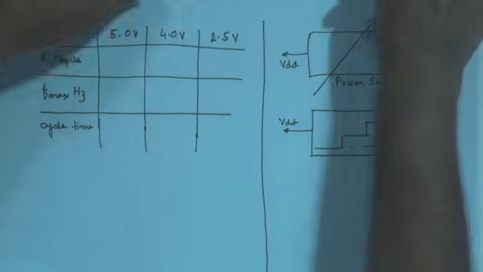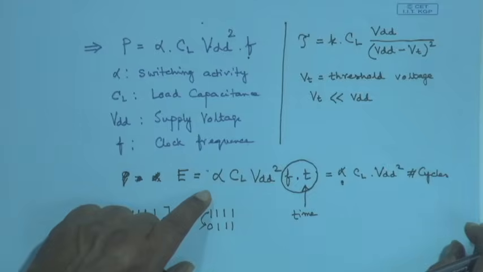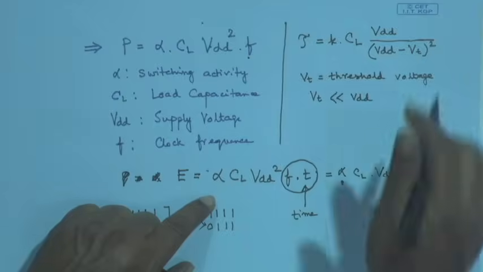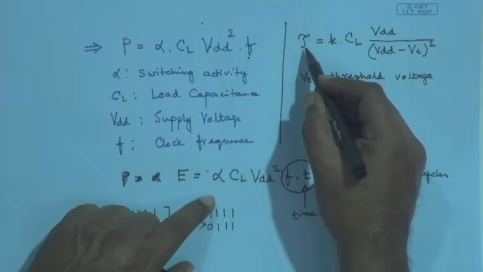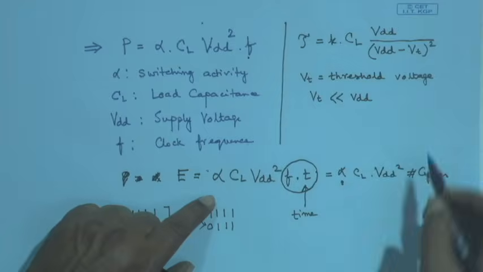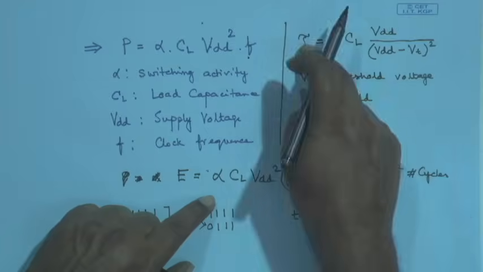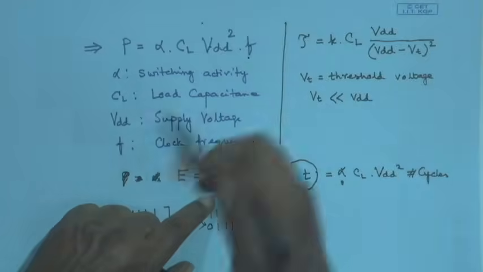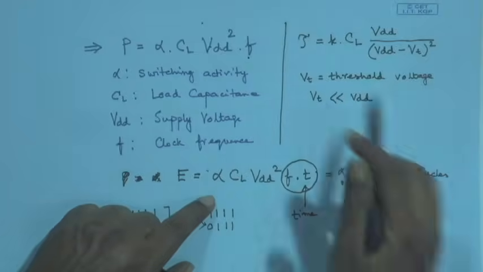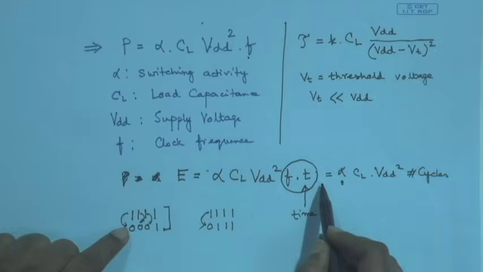So, we are playing with the VDD and, depending on the VDD, we will have some frequency, consequently the cycle time, which is the inverse, and the energy per cycle.